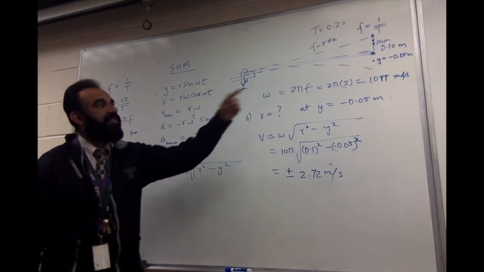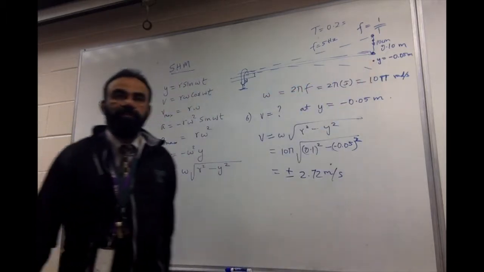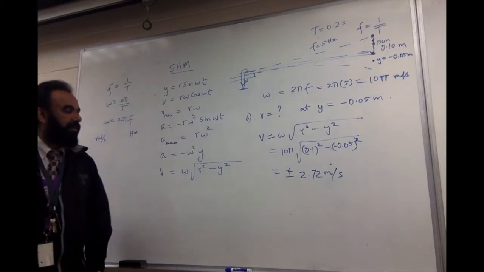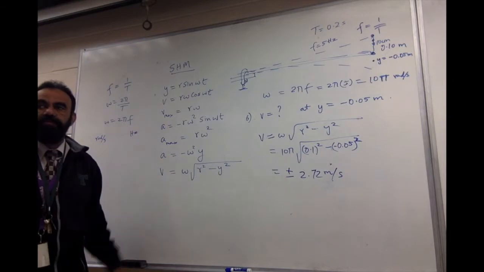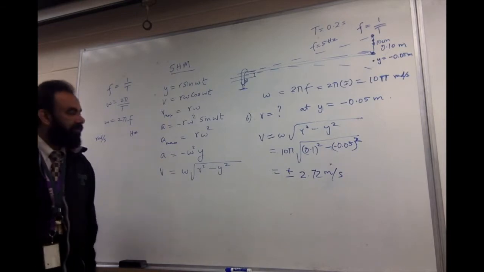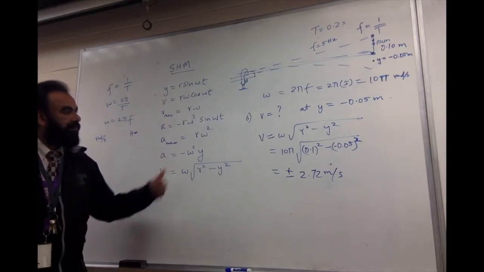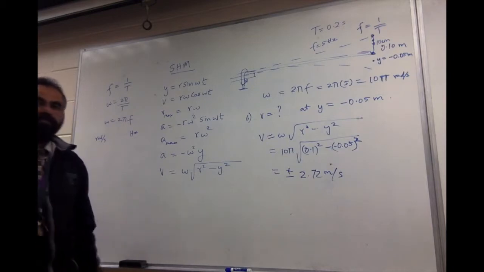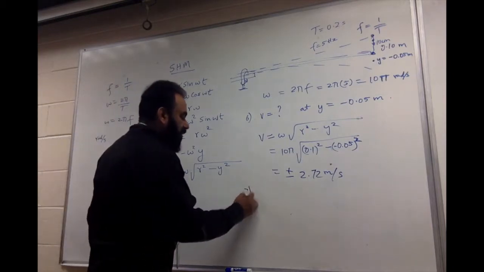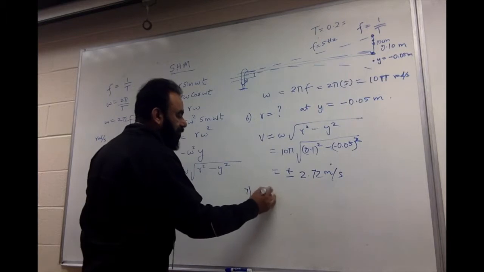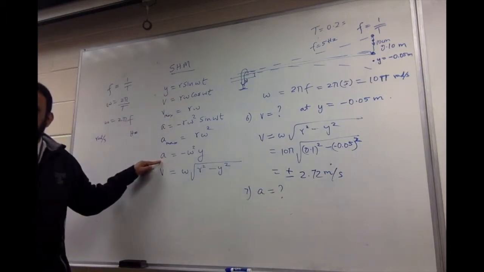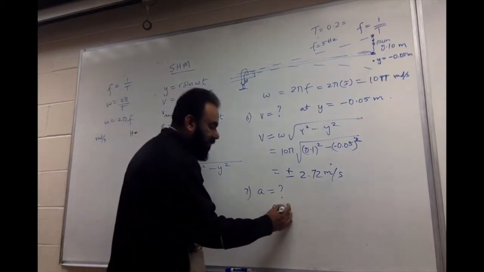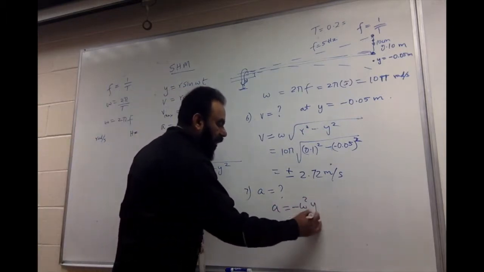Now, what is the acceleration at this point? What is the acceleration at that same position? So use this equation. At that position, acceleration is equal to minus omega square y.